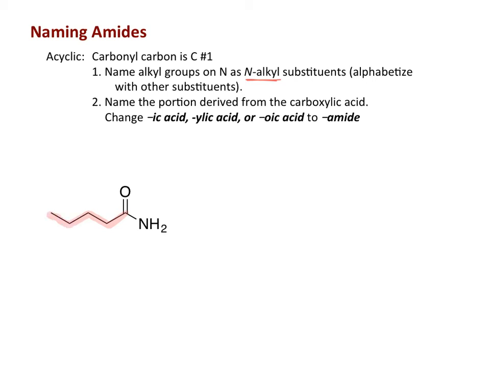We have a 5-carbon chain. Okay, so if we're dealing just with a carboxylic acid with 5 carbons, we have pentanoic acid, which would be the IUPAC, or the common name, valeric acid.